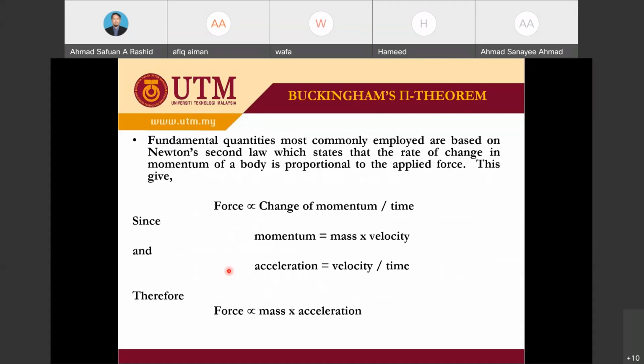The fundamental quantities most commonly employed are based on Newton's second law, which states that the rate of change in momentum of a body is proportional to the applied force. In simple terms, for Newton's second law, F is equal to m times a, which is force equals mass times acceleration.